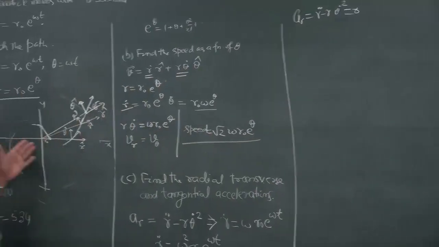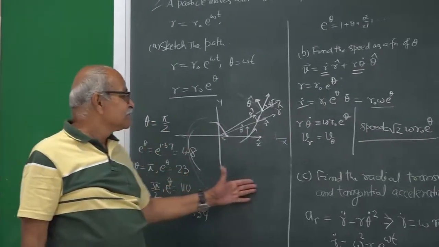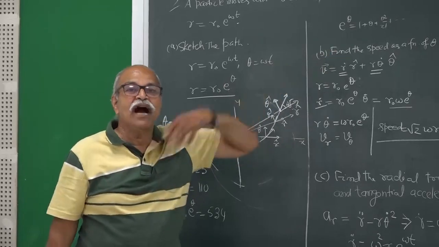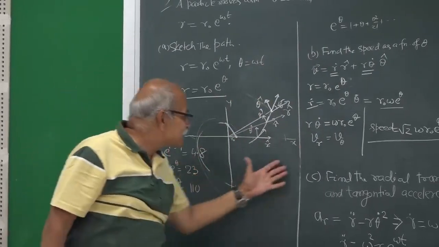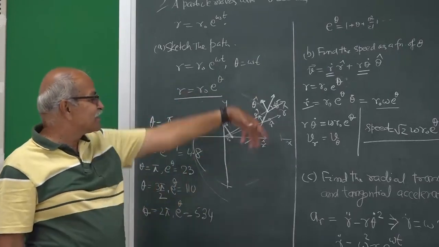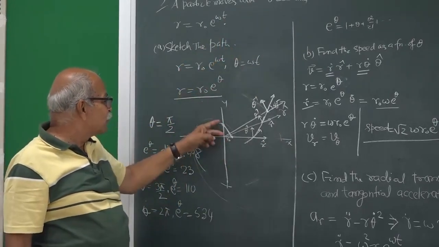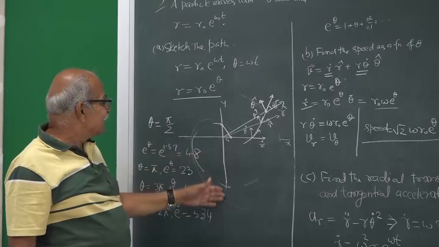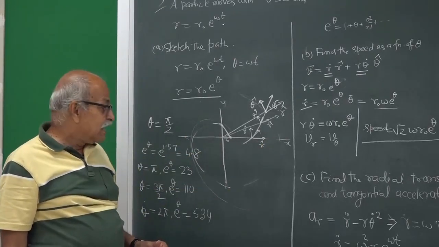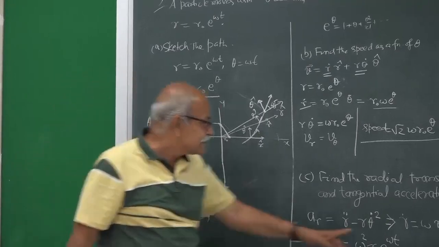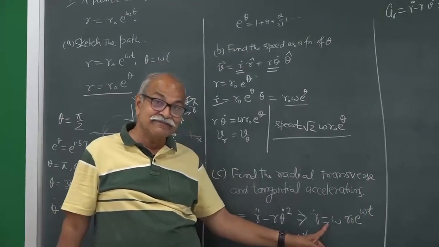R is increasing in a great fashion. R is going away from the origin, and it is going away exponentially. You can see this is 4.8, this is 23 and so on, this is 500. If you see, r dot is also increasing.